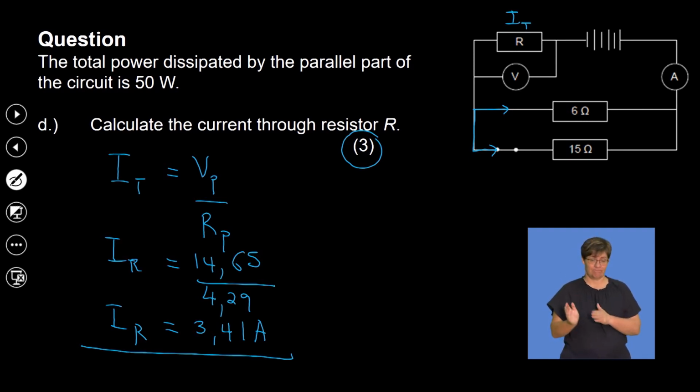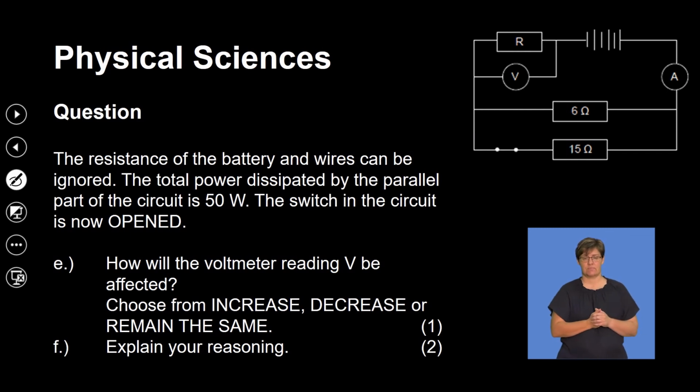Moving along. Now, the same circuit, we're still looking at the same setup. It says again the total power is still 50 watts. Now, the switch in the circuit is now open. What does that imply? If we open this switch, let's call it switch S, what's going to happen?